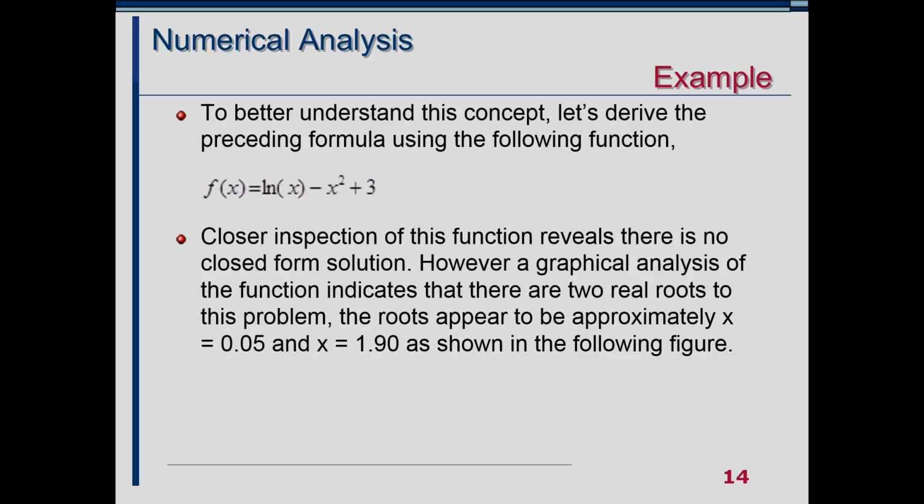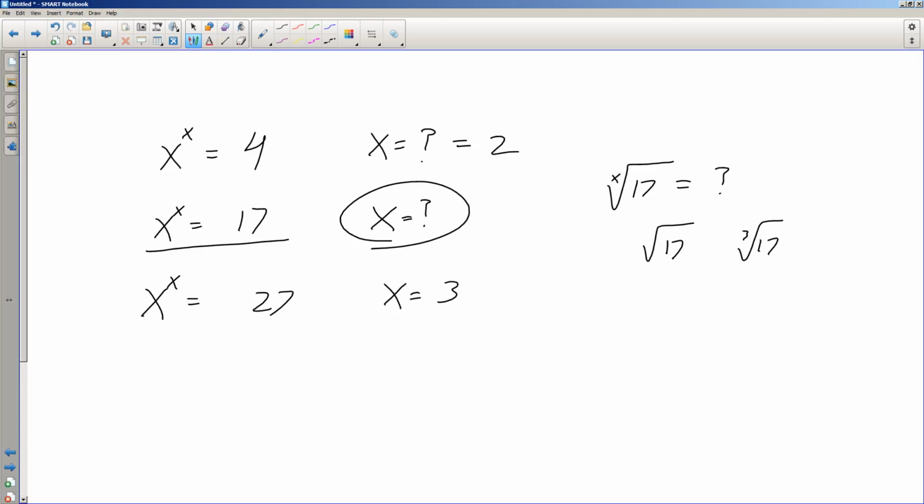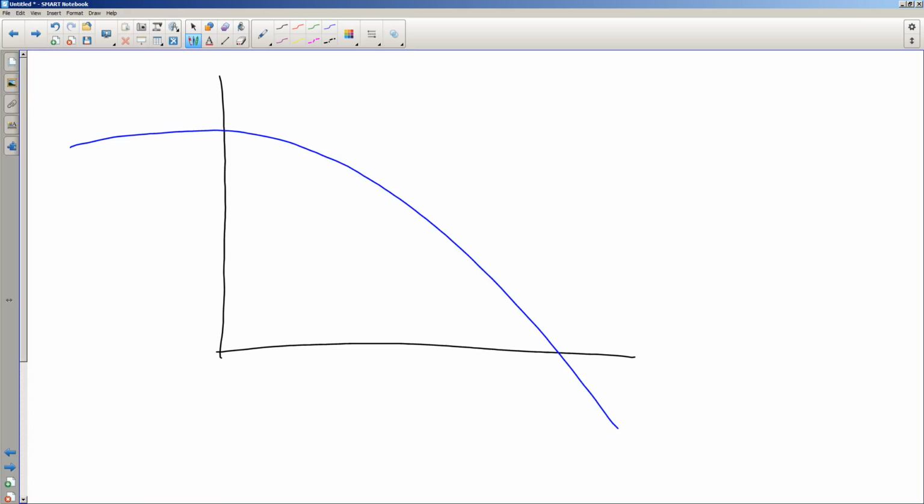Probably not. Let me give you an example of actually what's going on. Let's suppose that I have a graph that looks like this. Okay, and my graph comes down, and say I'm just interested in this part of the graph from here over.